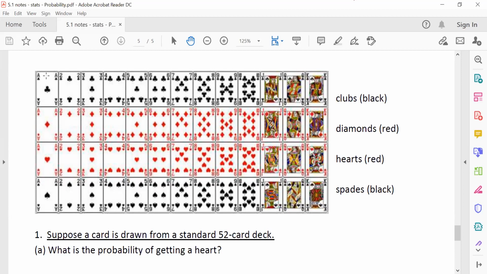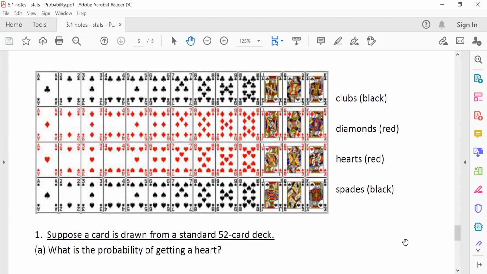You have the ace, which can be low or high depending on the game you're playing, or it could just stand for 1. And then 2, 3, 4, 5, 6, 7, 8, 9, 10, then jack, queen, and king. And all of those are in this same clubs suit. Then you have your diamonds, the red cards, hearts, the other red suit, and spades, the other black suit.